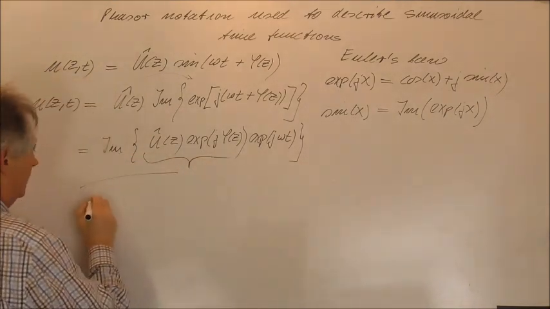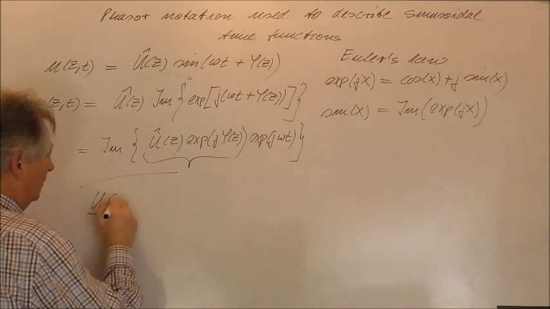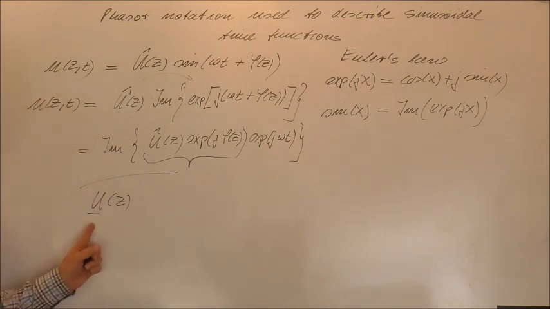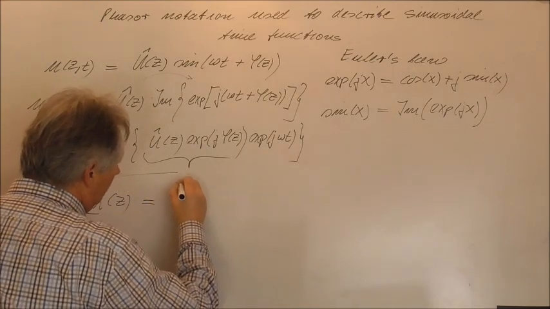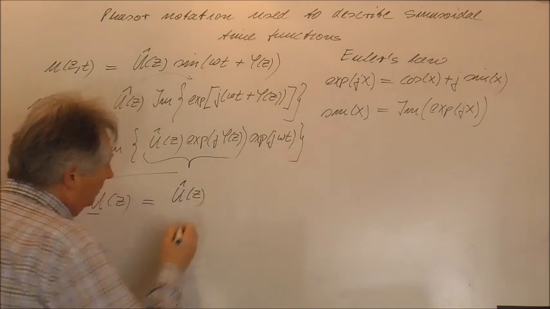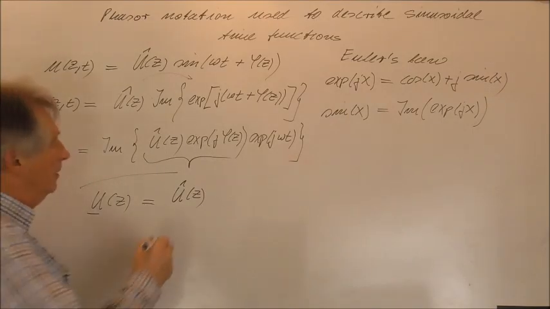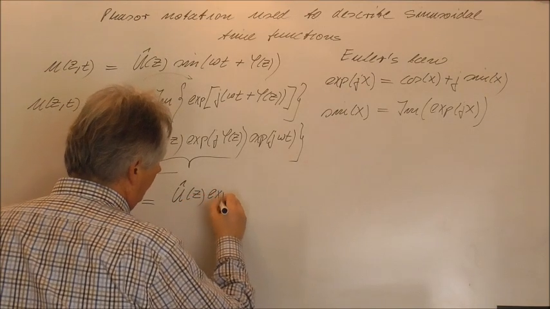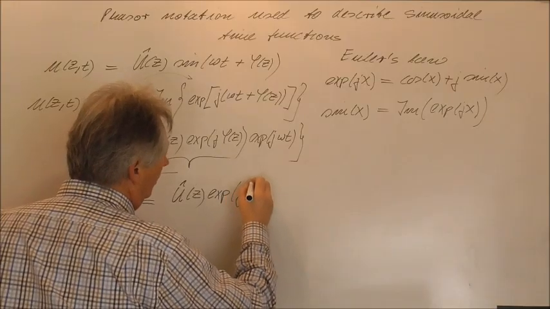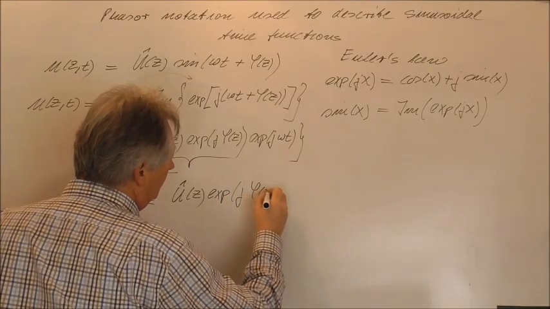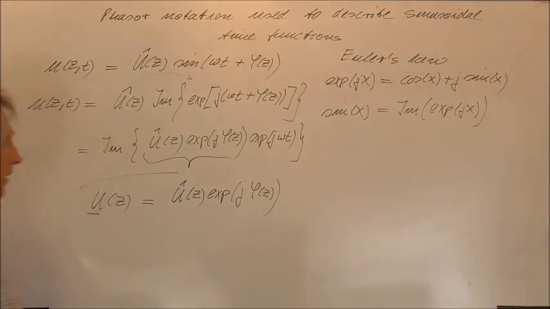We say this is our phasor u of z. It's a complex valued function and it's defined by the amplitude as a function of the z coordinate times the exponential function of j phi of z. This is now our so-called phasor.